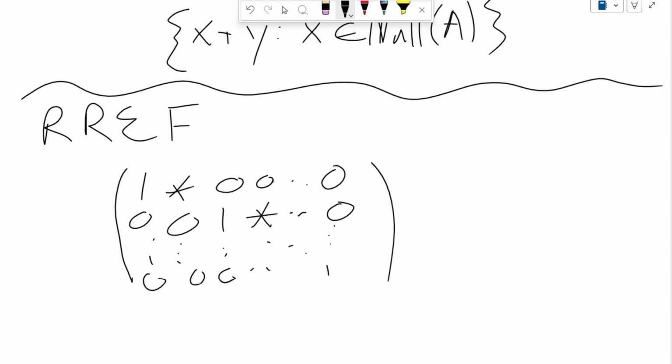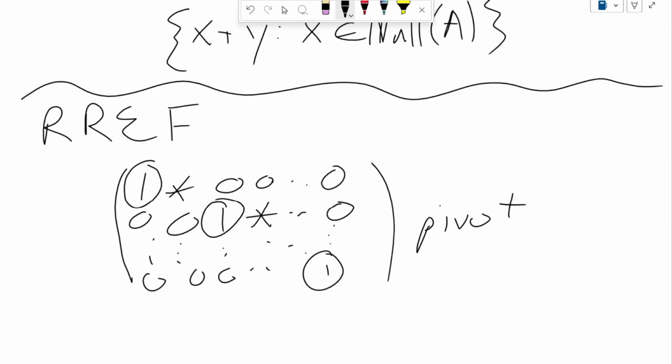So importantly, beneath every 1, there are only zeros. These leading ones are called the pivots.